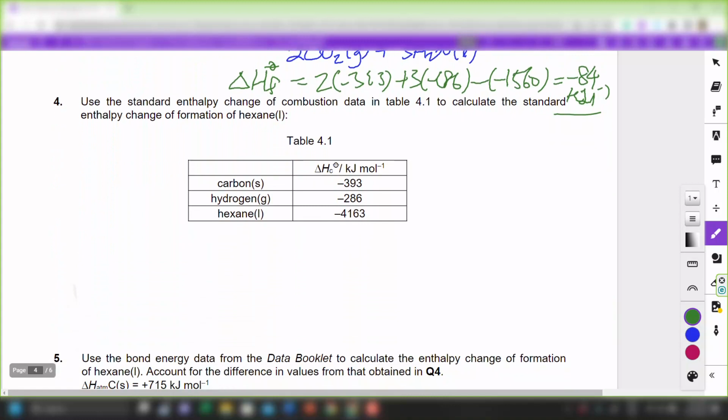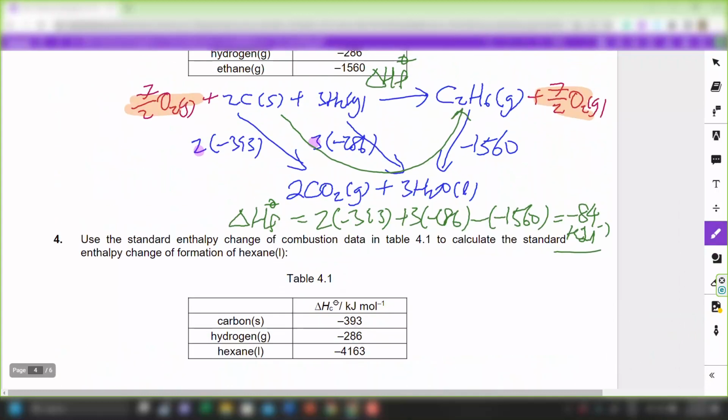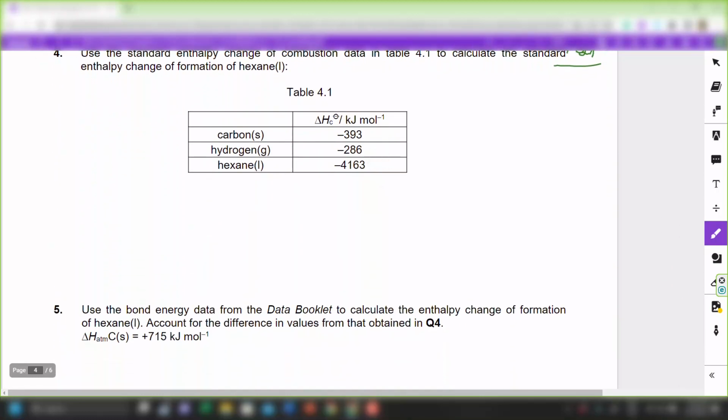Okay, we're going to do the same thing for question 4. You notice that question 4 is exactly the same as question 3, except that instead of ethane, we are using hexane. Because of that, I'm just going to make our life easier by writing it out quickly. So for hexane, that will be C6H14, liquid. And of course here we are defining enthalpy change of formation.